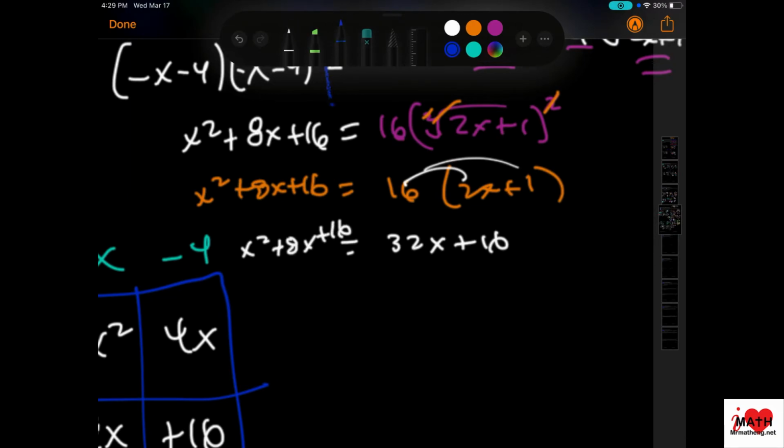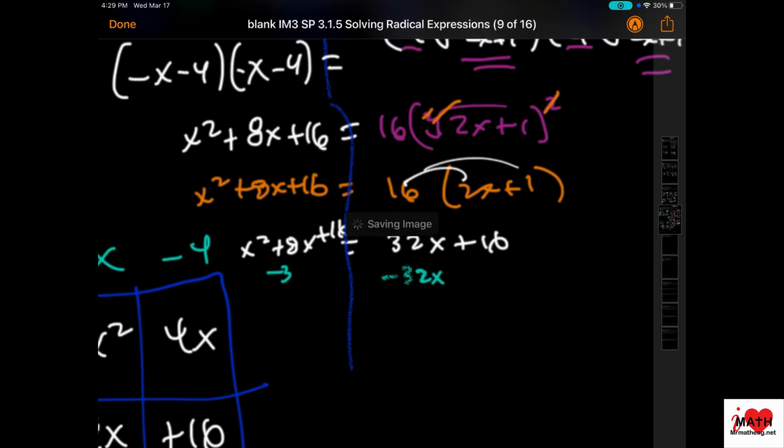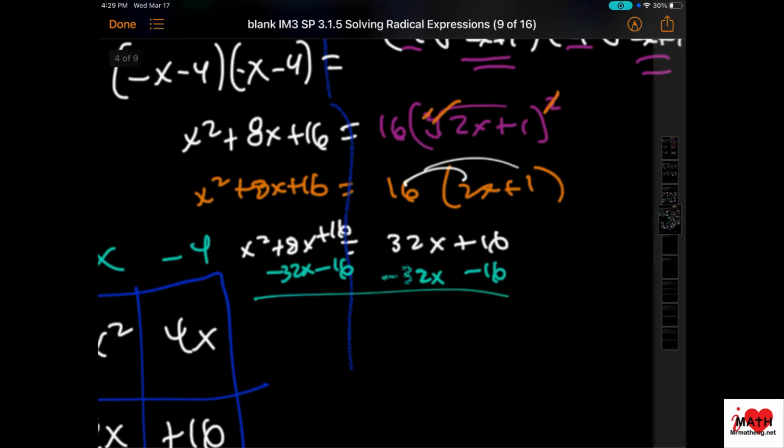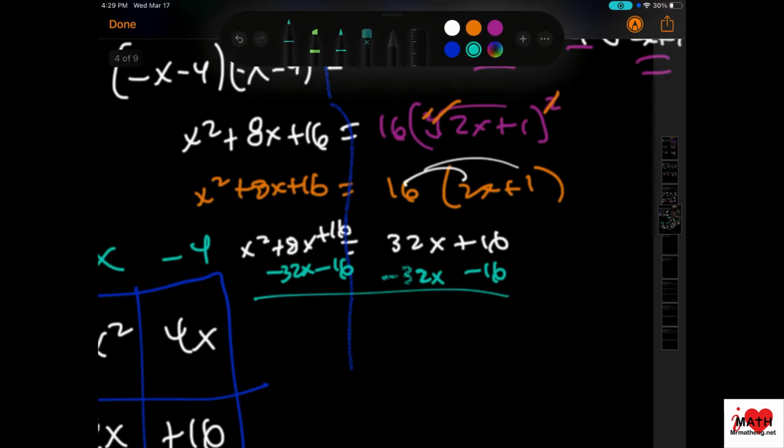And then I'm going to go ahead and subtract everything to the left side. 32x minus 32x, minus 16 minus 16. That's a 32x. And this would give us a 0 there. That would be nice. X squared, and that would give us 2, 6, negative 24x, equals, all of this would be equal to 0.